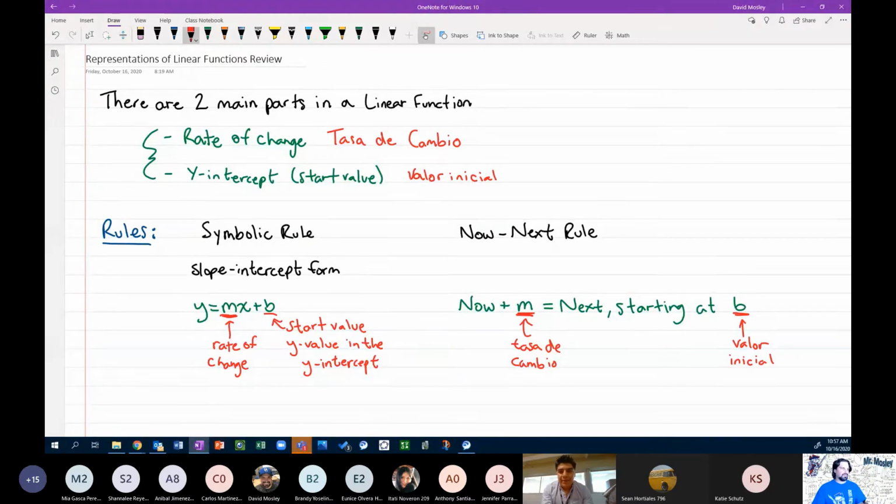Recuerden que la M es la tasa de cambio, como dijo el maestro, y la B va a ser el valor de Y. ¿Ok? Similar en la otra regla, que es now and next rule, la regla de ahora y después. En sí, las letras M y B le dan lugar a un número, a un valor. Entonces se van a sustituir solamente.